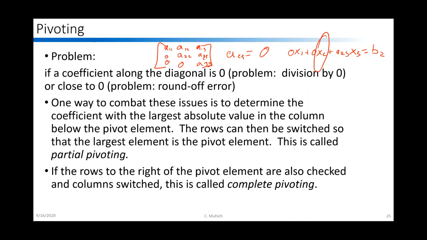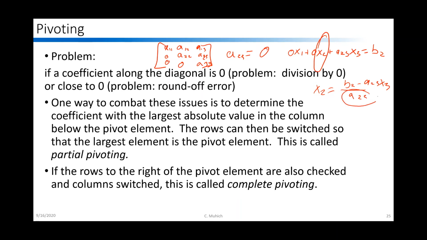If I'm 0, I've got that immediate and obvious problem, right? If I'm close to 0, I'm still going to have this problem because when I go to do that, x2 equals b2 minus a23 x3 over a22.